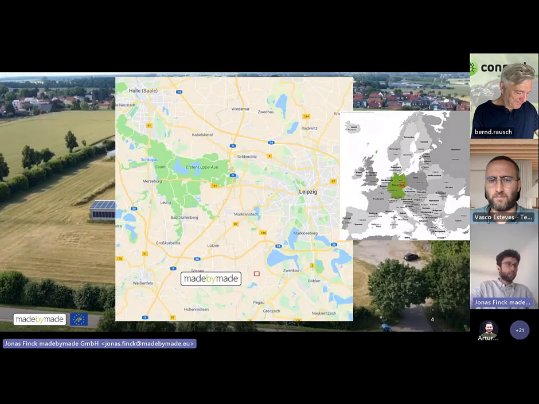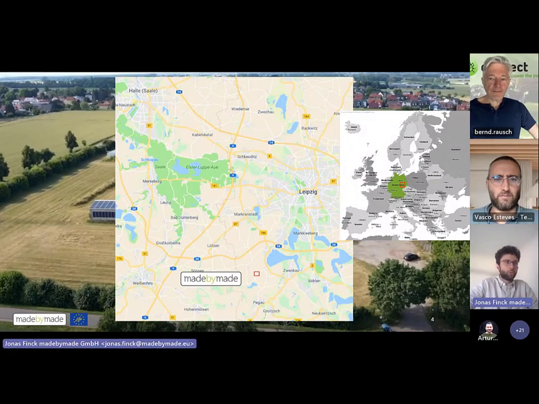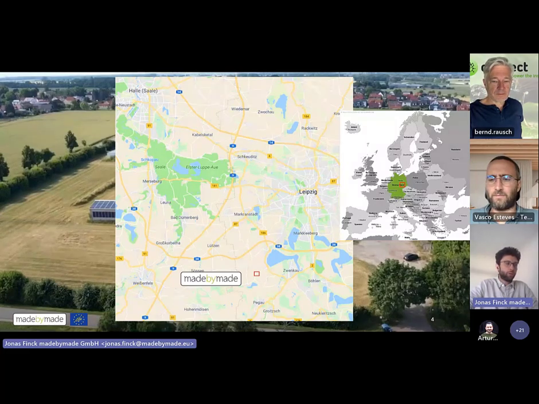Yeah, as I said, you can see on the right side the map of Europe, located in Germany. We are close to the city Leipzig, which is also maybe important information, because it is sometimes beneficial when you are close to a bigger city.